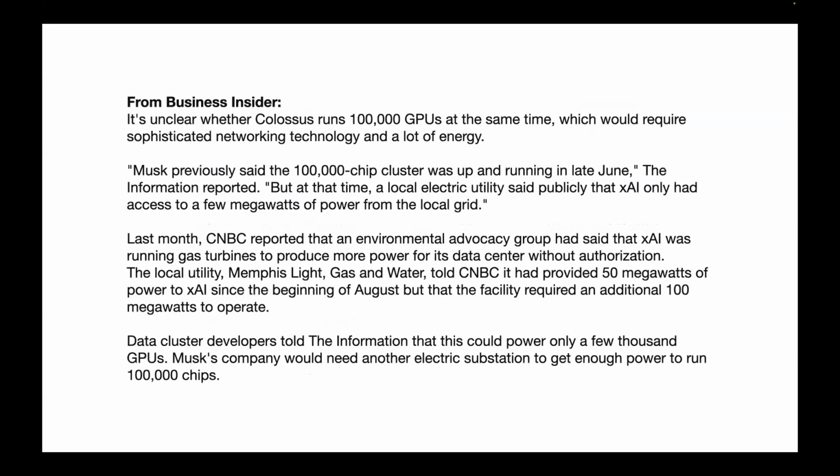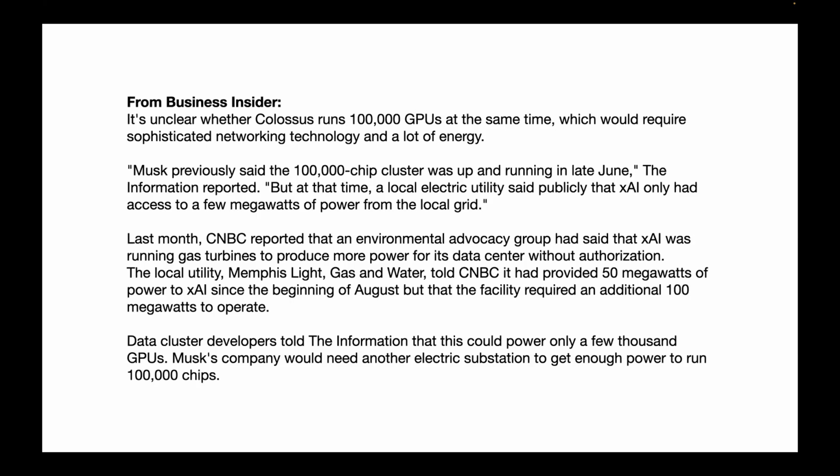However, there has been some subsequent reporting on this that says this thing was built out in Memphis, Tennessee, and they have 100,000 GPUs. And they, until August, had only just a few megawatts of power. Starting at the beginning of August, they got 50 megawatts of power.